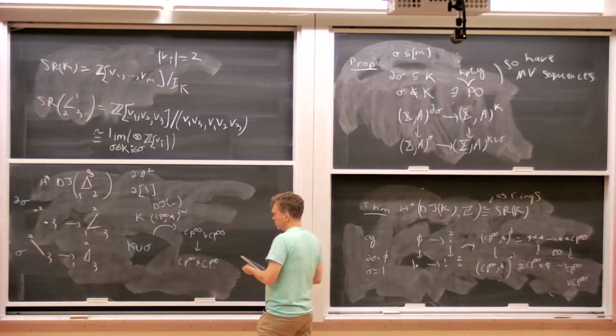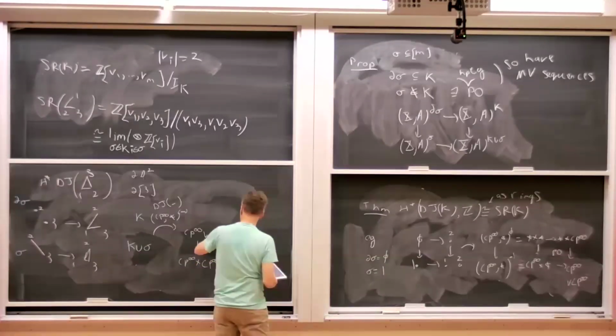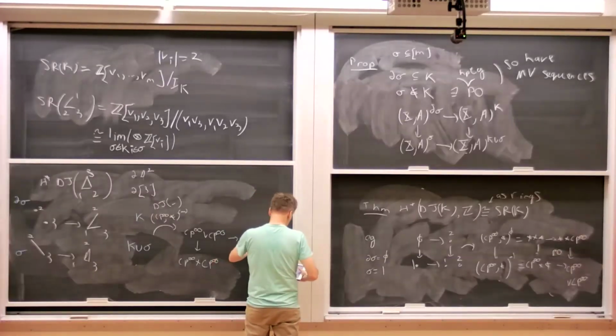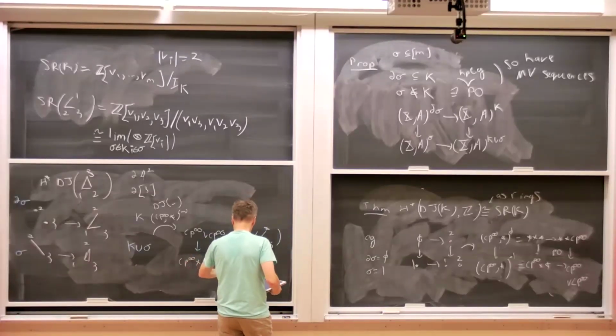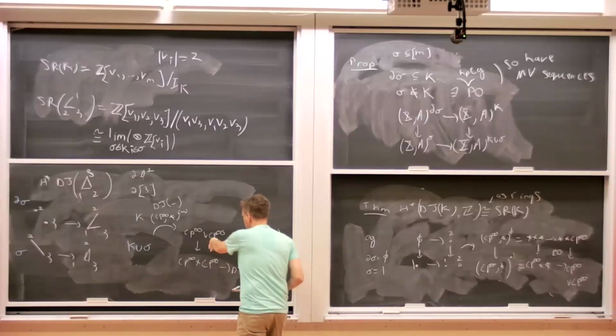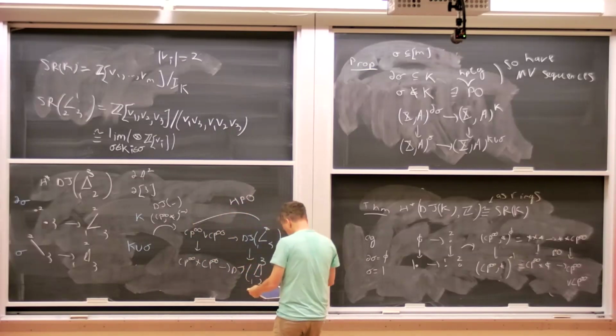And then this one would be DJ of whatever that is. I'm not writing out what that is. And then you would have DJ of the thing we're interested in. And this here is a homotopy pushout.